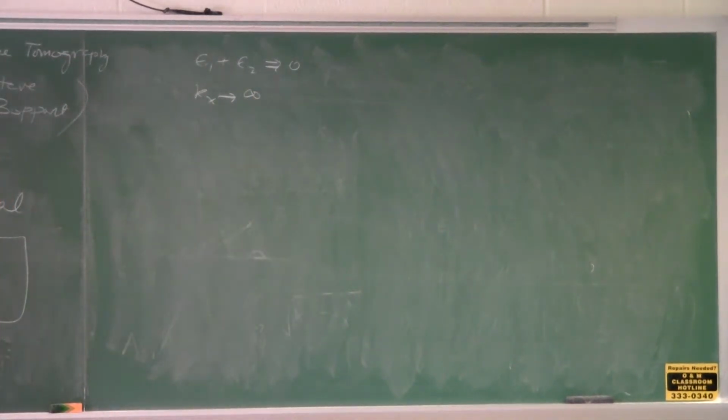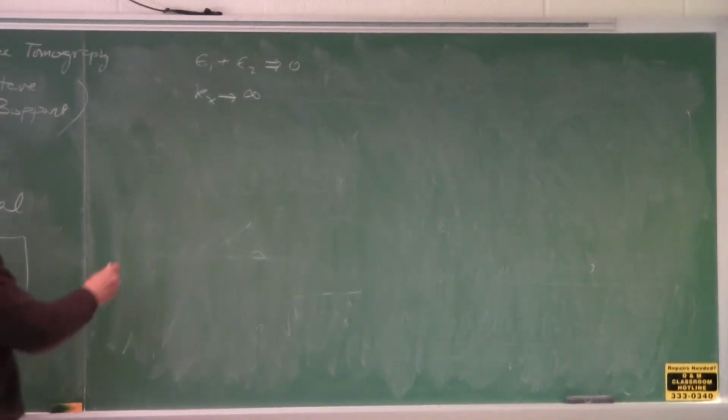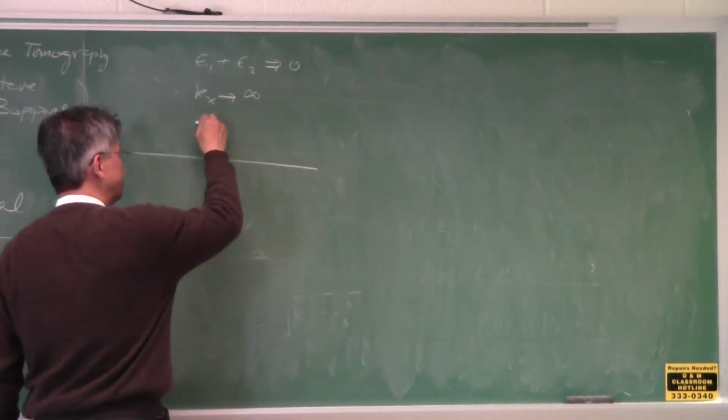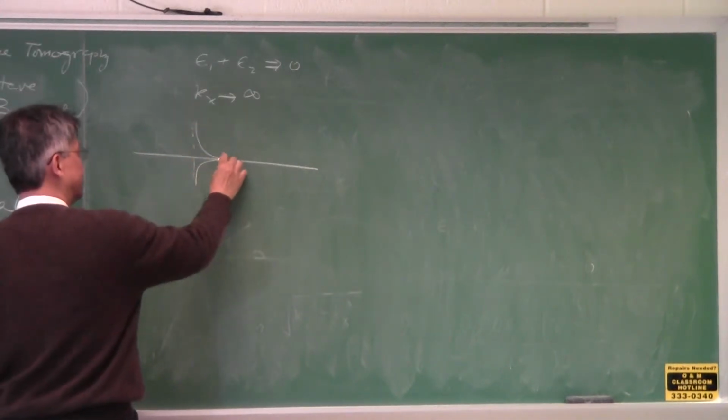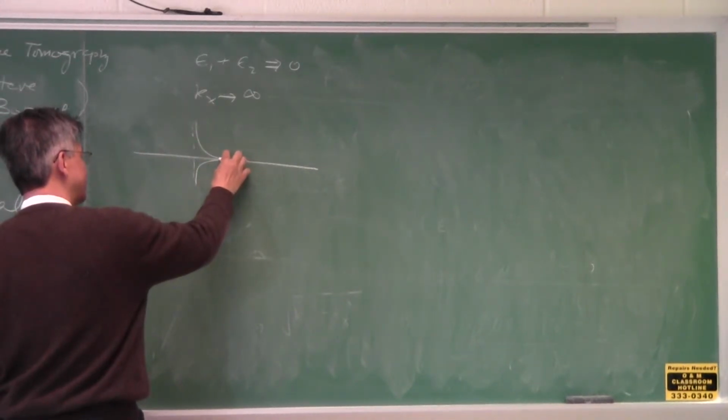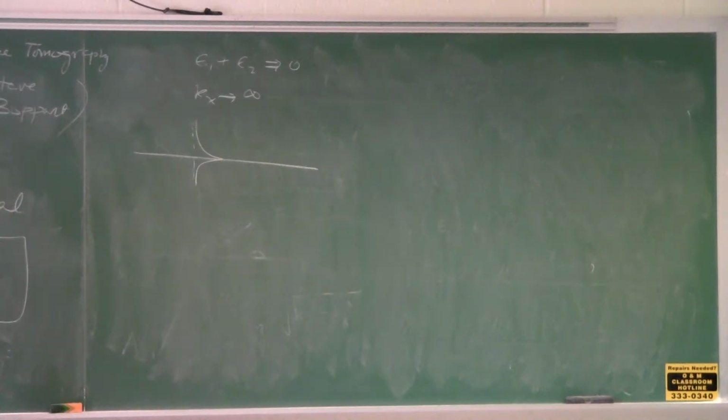When kx tends to infinity, what happens to kjz? It becomes highly evanescent. So when the thing becomes highly evanescent, the mode is very well trapped, highly confined. Very highly confined. It decays exponentially in this direction. It also decays exponentially in that direction, and we have a highly confined mode.